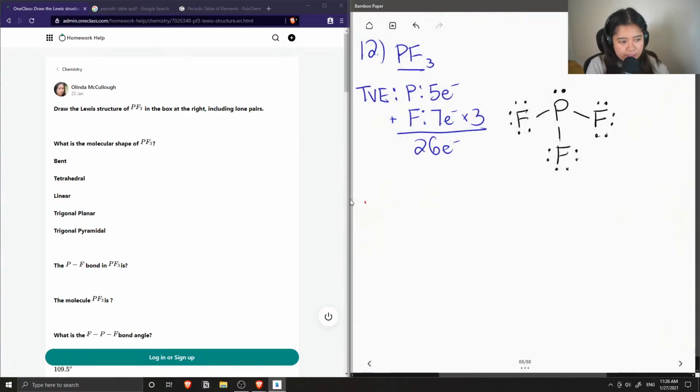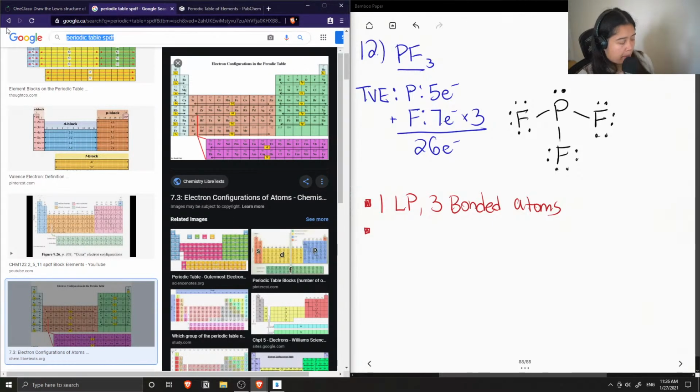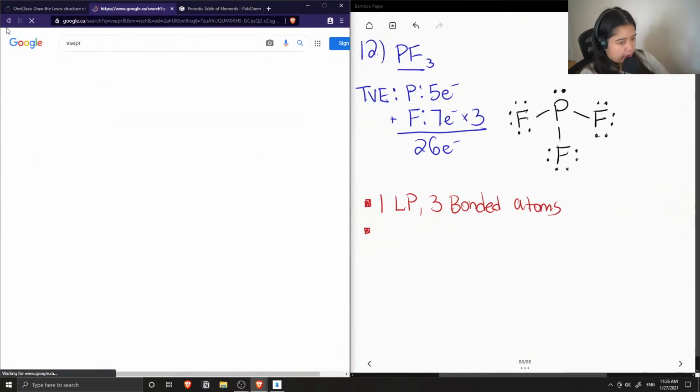And now let's try to analyze its molecular shape. If we focus on the central phosphorus atom, we'll see that it contains 1 lone pair, and it has 3 bonded atoms. So this is when we would use our VSEPR chart to help us answer this question.